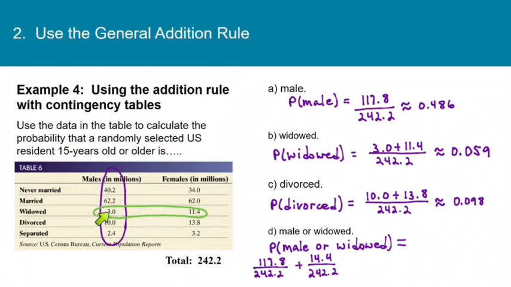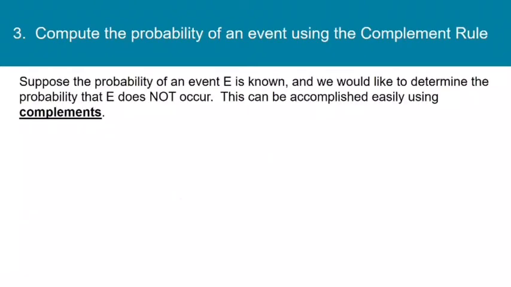The people that are both are this 3.0 right here, which you'll notice has been counted in the male number and also in the widowed number. So minus 3.0 over 242.2, and that's going to equal approximately 0.533.